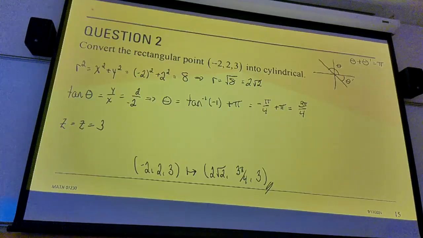And I won't make you plot it. Spherical to rectangular.